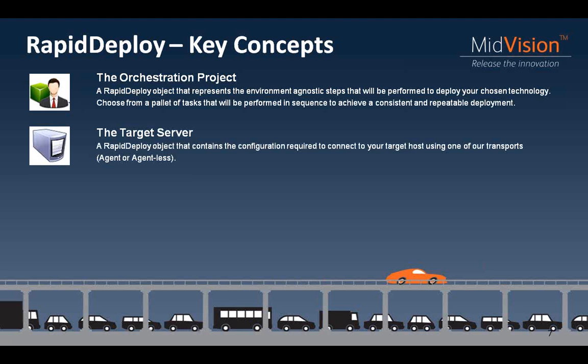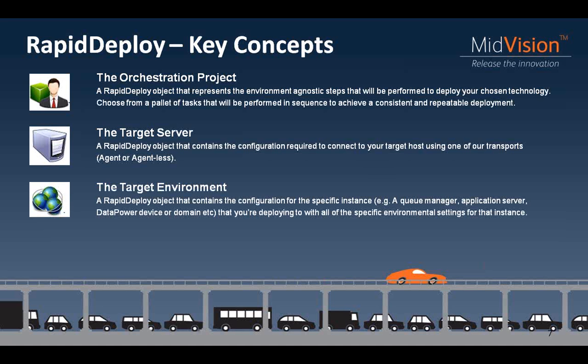So then we also have the concept of a server in Rapid Deploy, and this is a target environment or a target architecture. It might be Linux, Unix, Windows, whatever, that you're actually going to connect to. And then we have a target environment, and this target environment really defines the configuration of the actual environment that we're going to connect to.